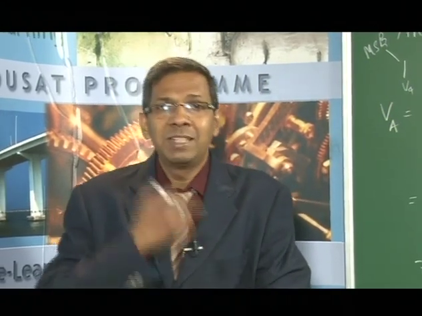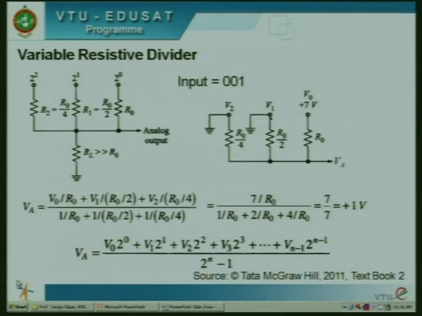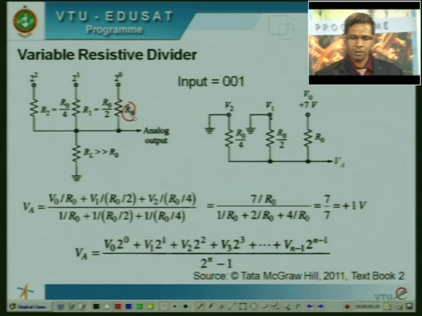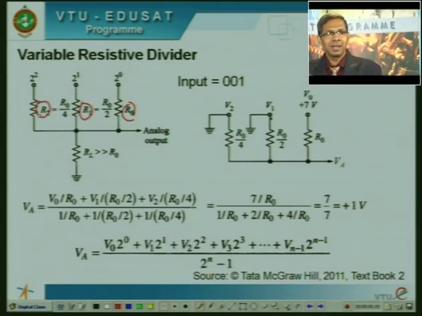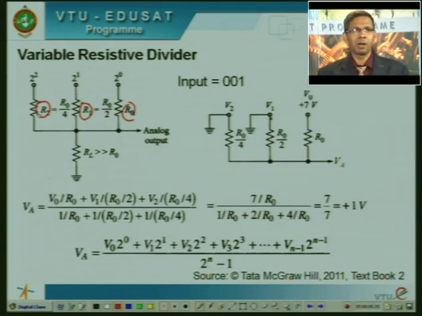Now comes the question about the feasibility of this type of resistor network and what are the problems associated with this kind of network. If you go back to our slide and see what exactly is happening, each resistor goes on getting smaller and smaller. The largest was R0, R1 is smaller, R2 is smaller. Let us imagine we have a 10-bit converter.